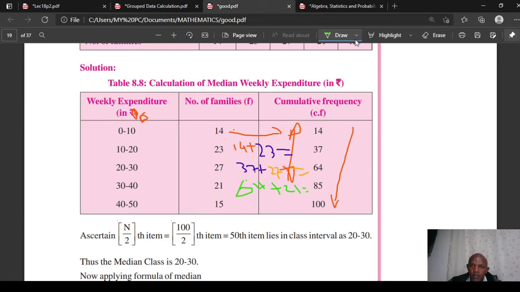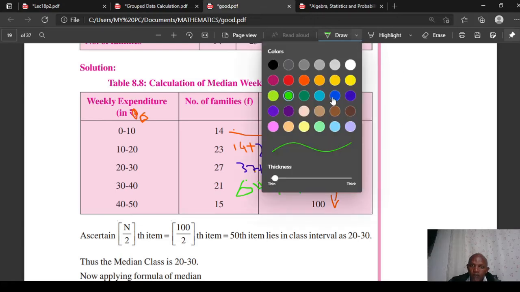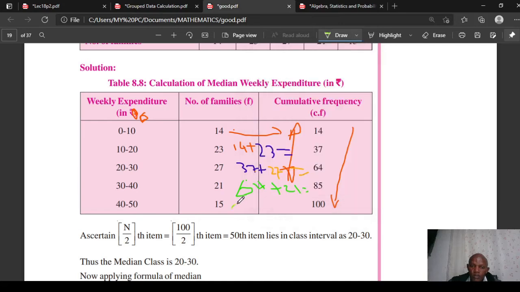Then lastly it is 85 plus 15, and when you do that you get 100. That's how we compute the cumulative frequency.